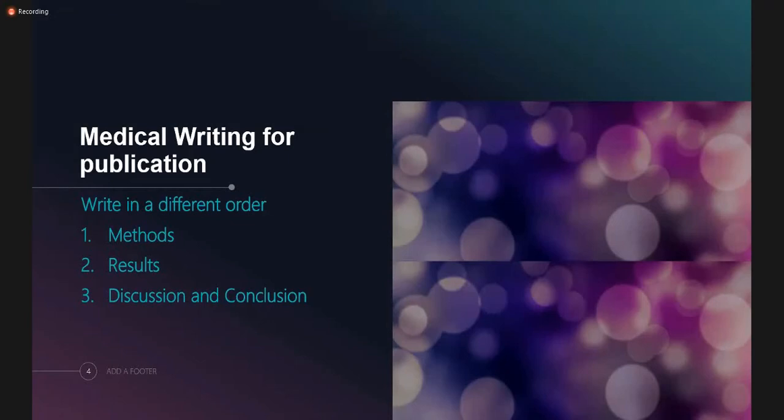Once you have written the methods, you write the results, because methods and results are more interconnected. So you write the results section after the methods, and after the results section you write the discussion and conclusion, because the background, the introduction of your whole research, is in your mind.